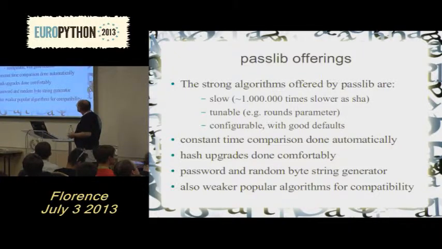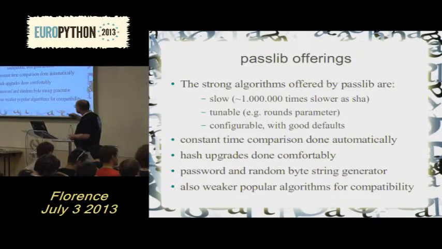Okay, so the algorithms are much slower than the simple hash. You can tune them, so if in 5 years the computers are 100 times faster, you can just increase your rounds parameter to make all the stuff slower. It's configurable, so you can choose what kind of hash you want, you can choose the parameters to the hash, and you can even do hash upgrades comfortably.